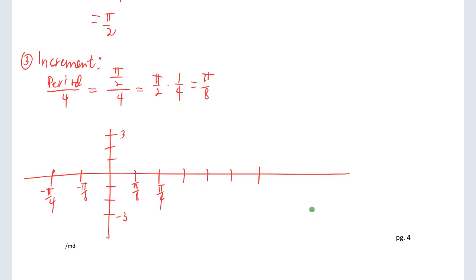And then pi over 4 plus pi over 8, we have here 3 pi over 8. And then we have pi over 2.